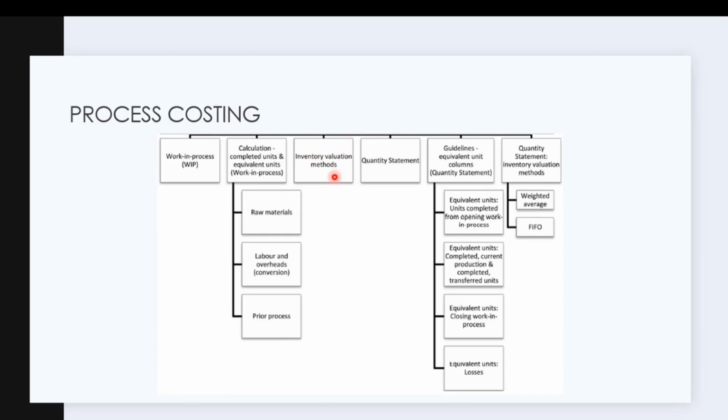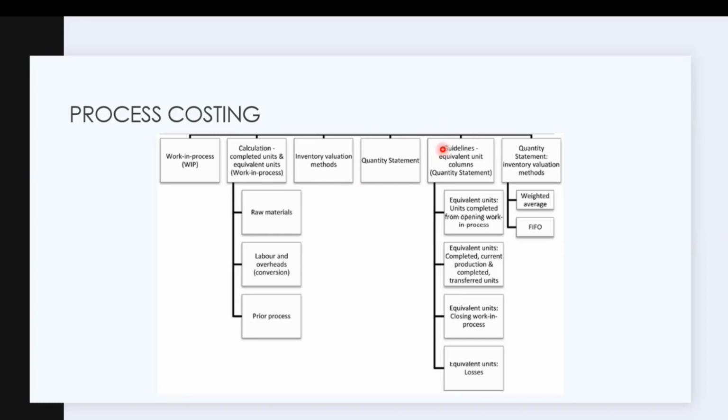Then we have to know the impact of your valuation method on your inventory, meaning weighted average and first in, first out come out again, where you need to know how to treat your inventory, meaning how you value that inventory at the end. Then there's the quantity statement, which will show what you have produced and what you have put into the next process.